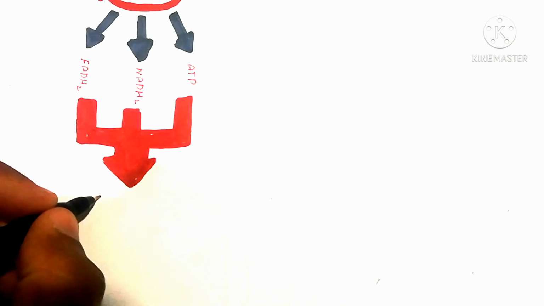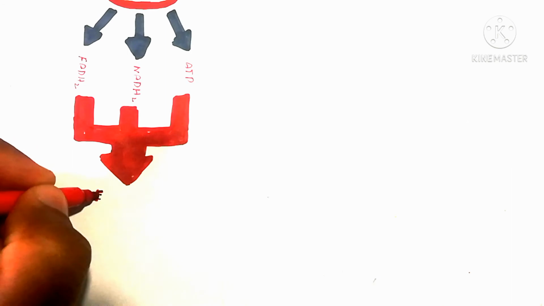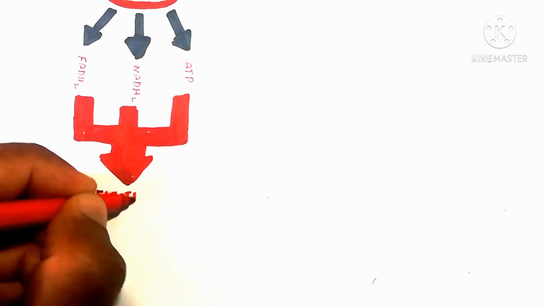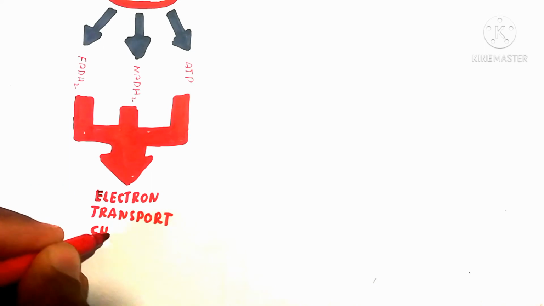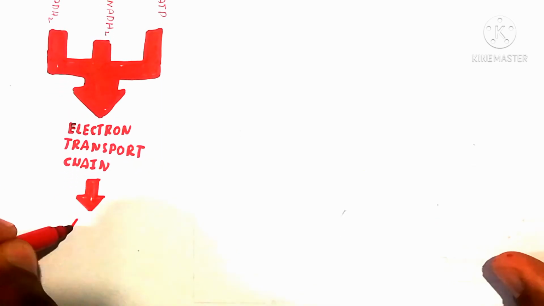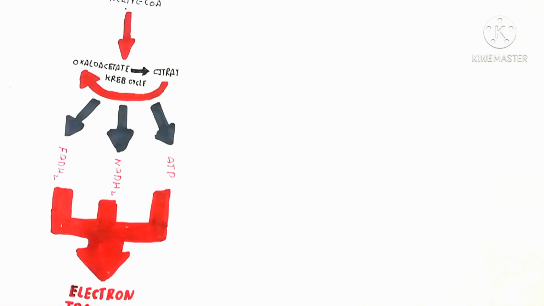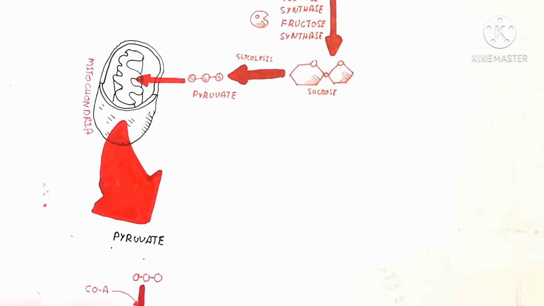So that converts into the 6 carbon molecule citrate, and 1 carbon dioxide will be released, and here is the production of FADH2, NADH and ATP. This content is the energy production, energy using, and electron donor, proton donor, basically electron donor, which donates the electron in the electron transport chain.